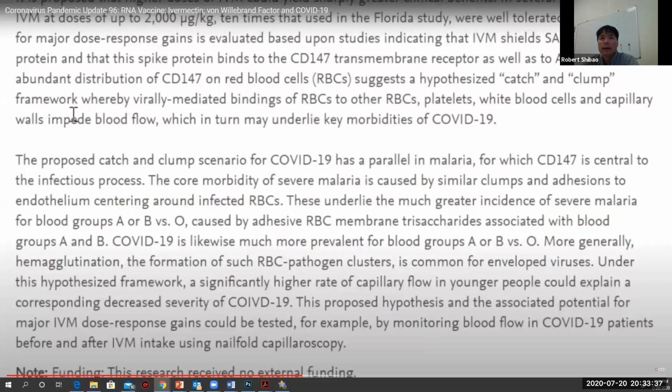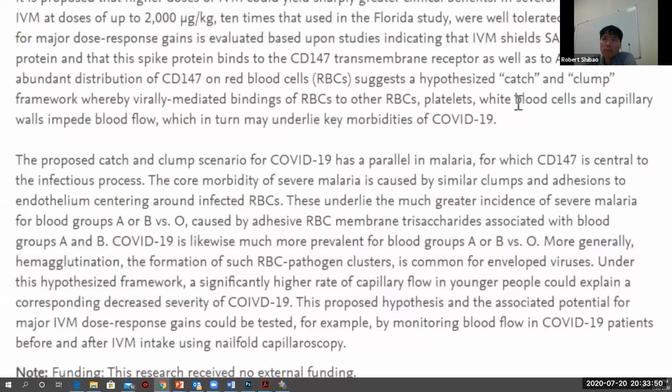Now, I actually skipped a bunch of stuff. Ivermectin is a treatment that they're proposing for COVID-19. Because of the abundant distribution of the CD147 on red blood cells, it's not going to be able to bind to the red blood cell, and it prevents, therefore, this hypothesized catch and clump framework.